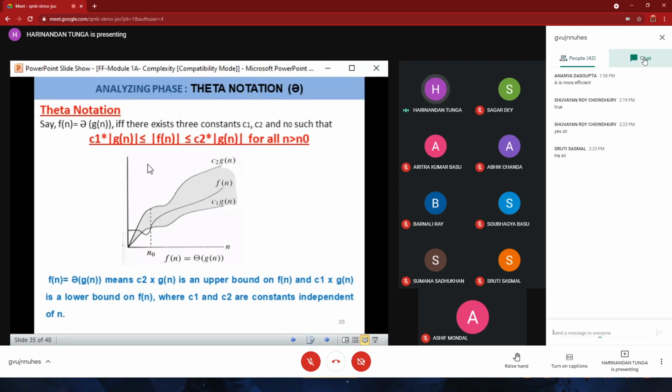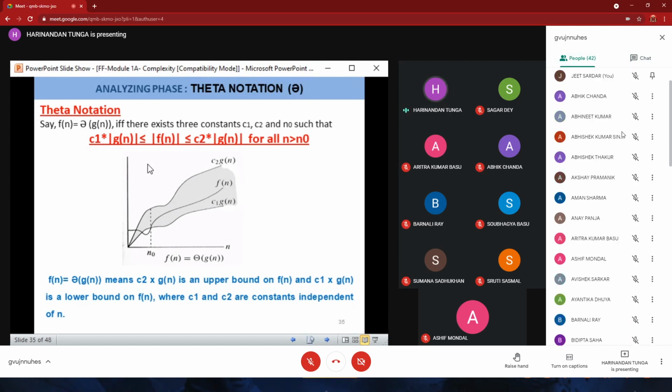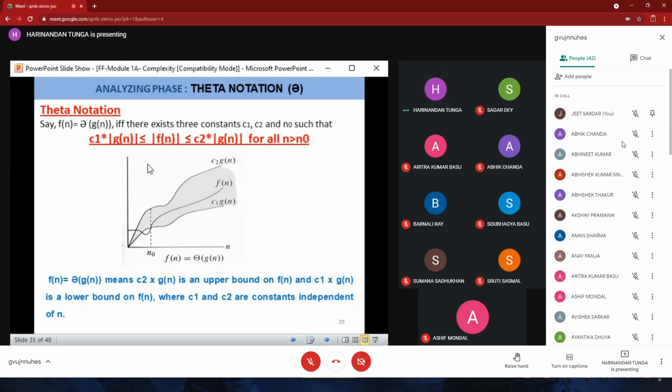This is the theta threshold. Fn equals theta of Gn means, look at the graph, C1 into Gn is the lower bound of Fn, and C2 into Gn is the upper bound of Fn.